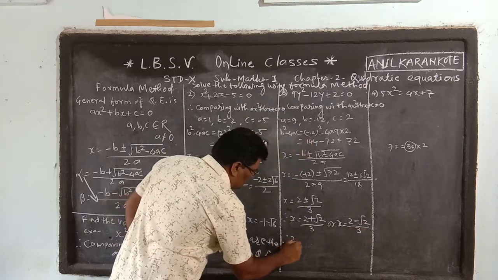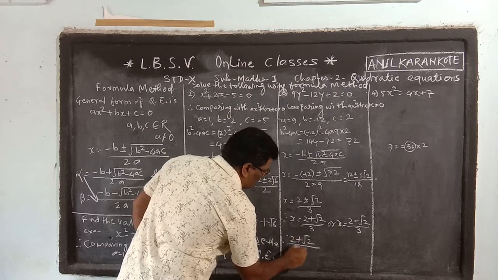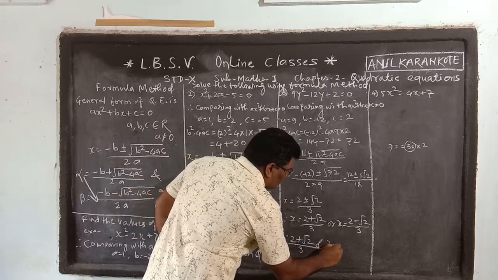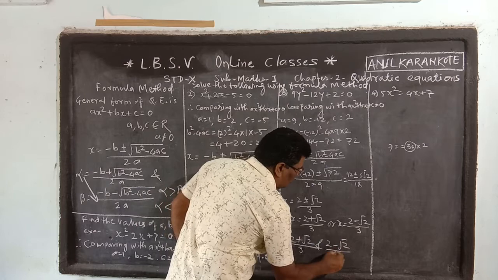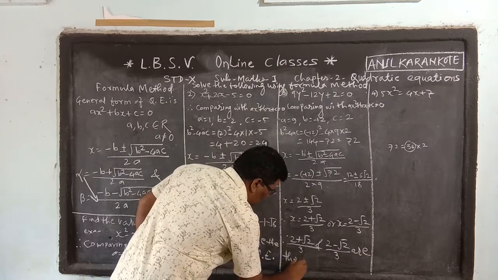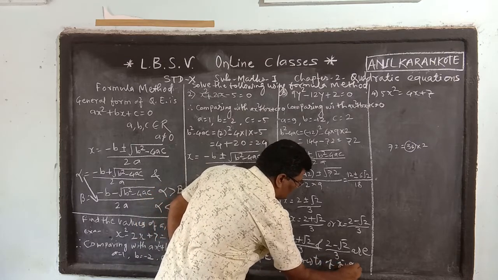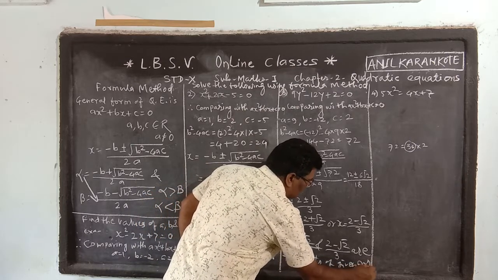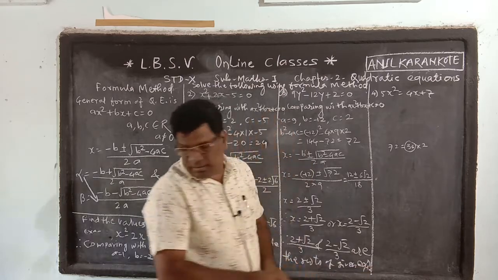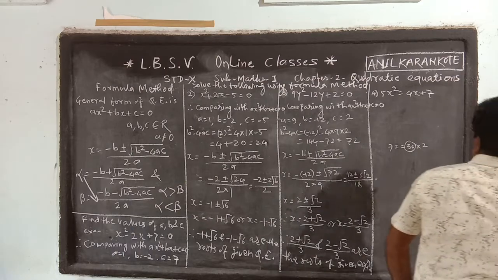Therefore 2 plus square root of 2 upon 3 and 2 minus square root of 2 upon 3 are the roots of the given equation.